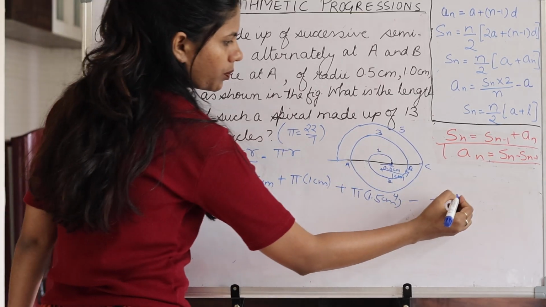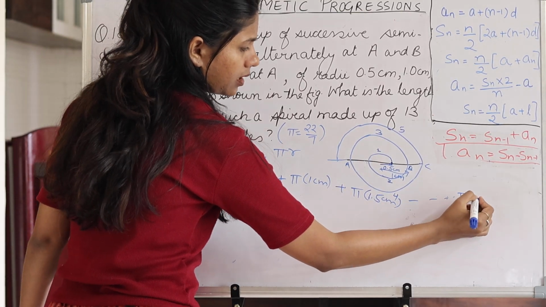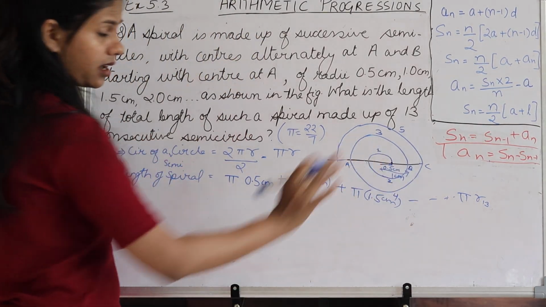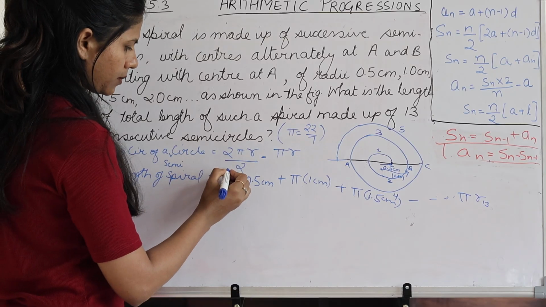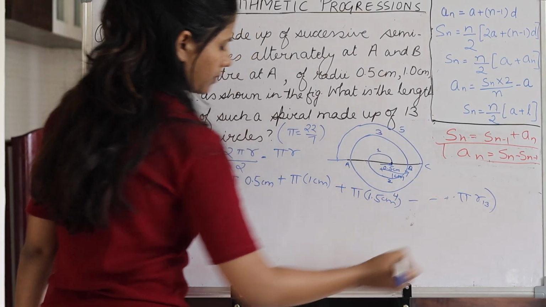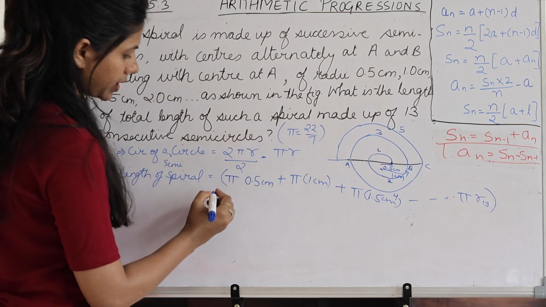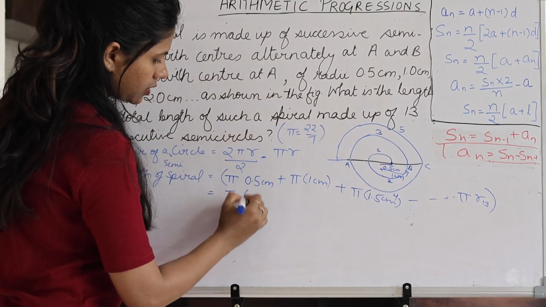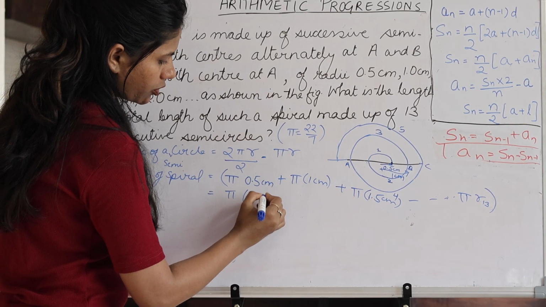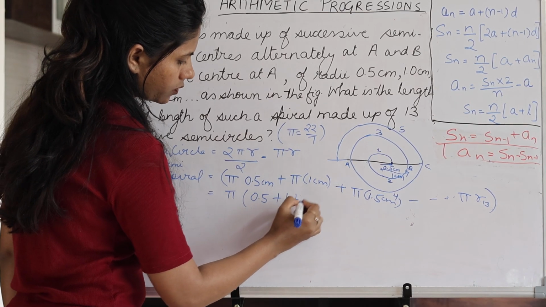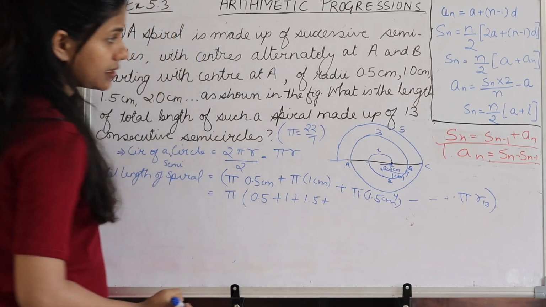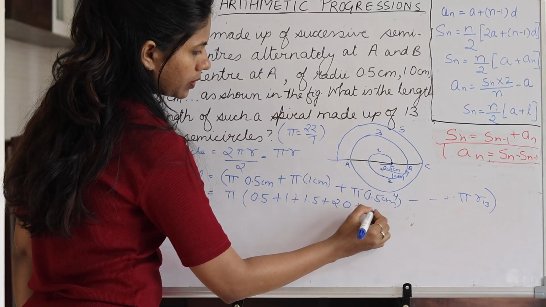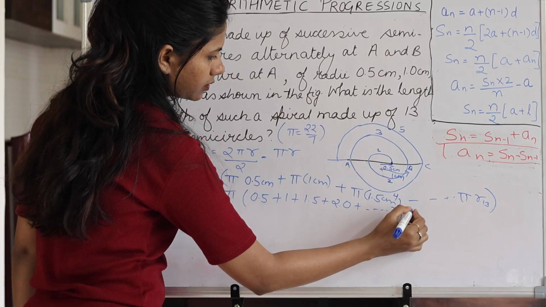So pi r 13th. We don't know the r 13th, we are just mentioning r 13. So we have to find this sum. We can take pi in common. So it will be pi times 0.5 plus 1 plus 1.5 plus 2 plus up to r 13.